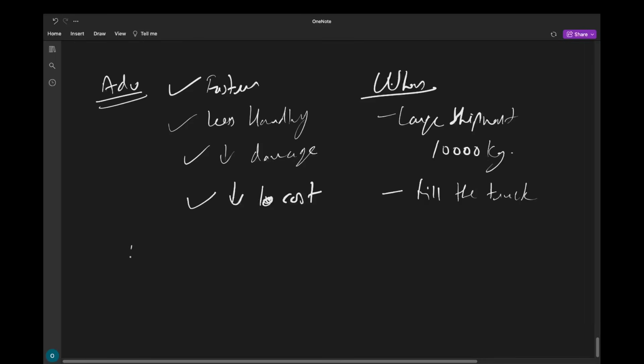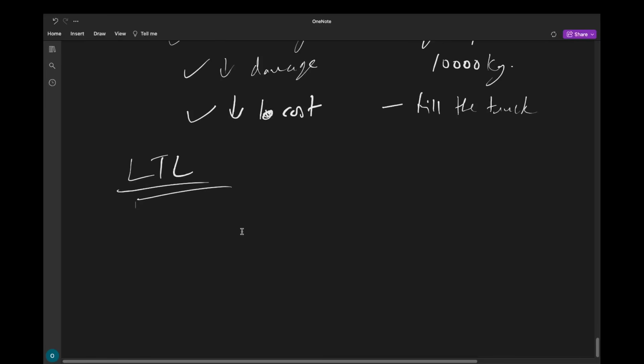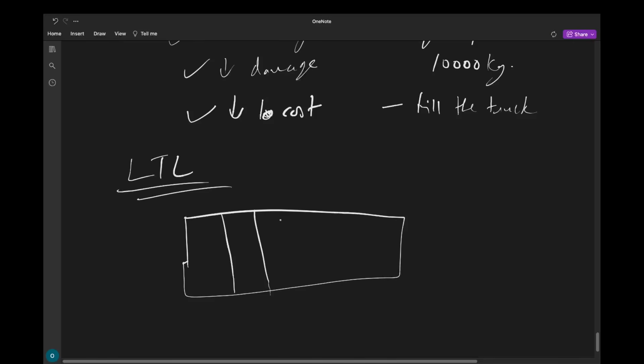Then we have less than a truckload, LTL. So TL is also called FTL, full truckload. In the less than truckload, we have a truck. Okay. And we own only a part of the truck.